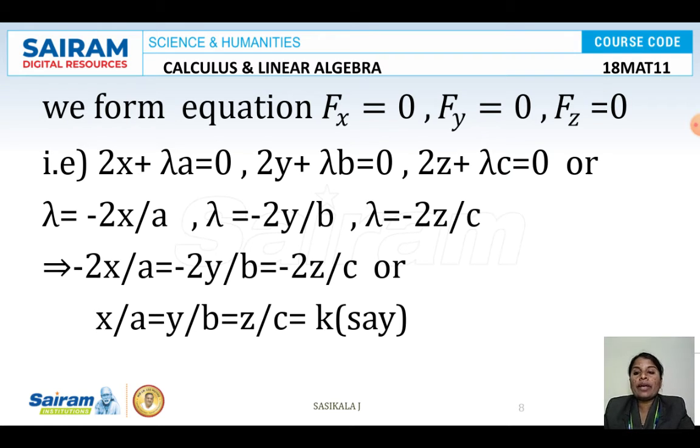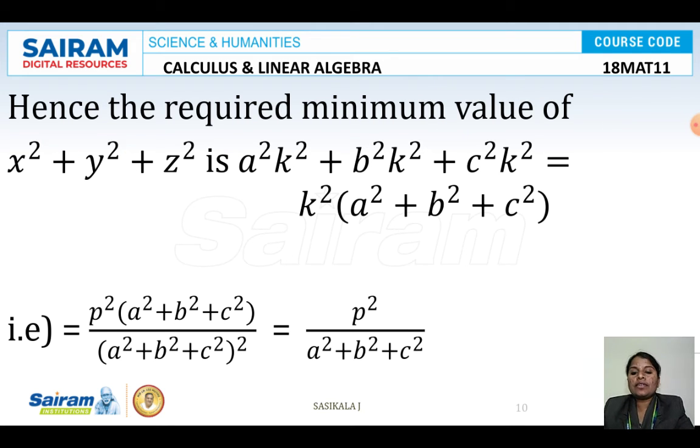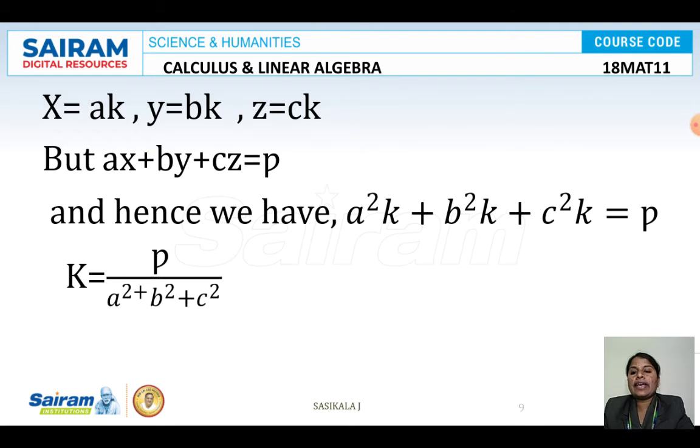So now I will get x is equal to ak, y is equal to bk, z is equal to ck. But as per the given condition, ax plus by plus cz is equal to p.